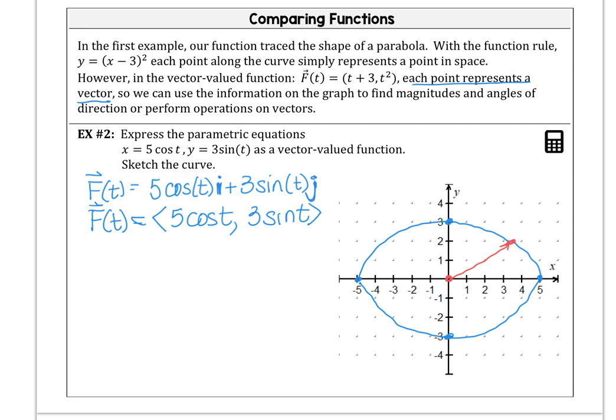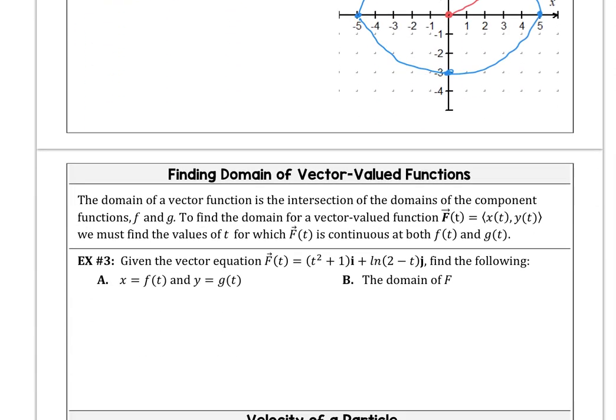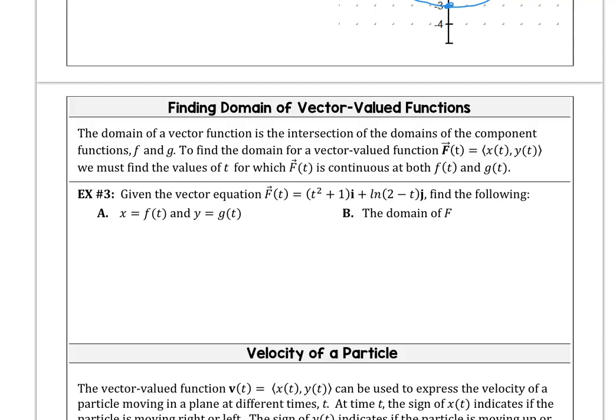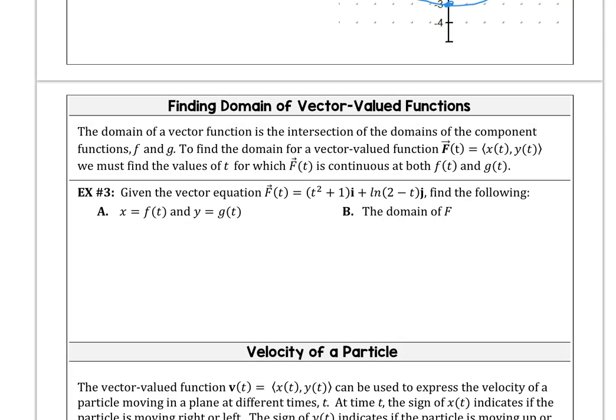Let's find the domain of vector valued functions in the next example. The domain of a vector function is the intersection of the domains of the component functions f and g. To find the domain for a vector valued function in component form, we must find the values of t where f is continuous at both the f value and the g value.